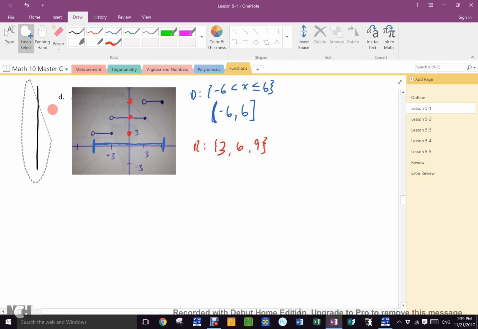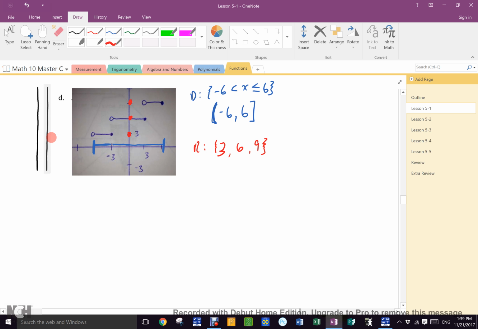Now, here comes the $1 million question. Is this a function? Function? You sure? Oh, wait. One's colored in, one isn't. That point exists because it's colored. Does that point?